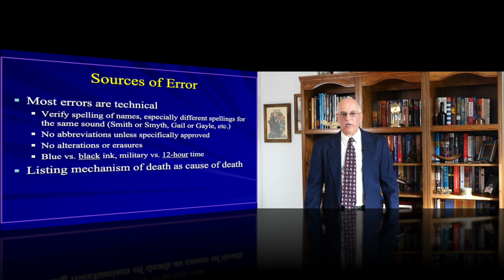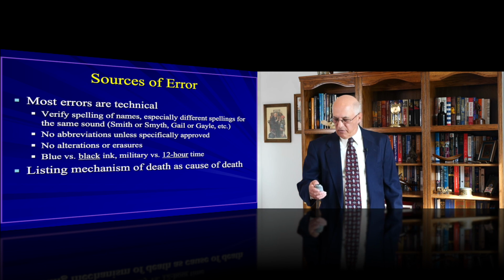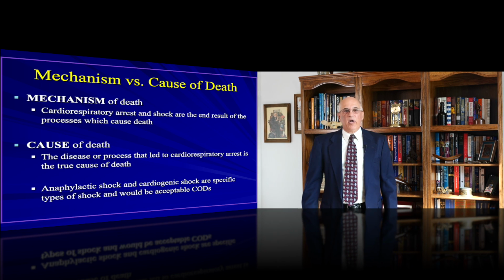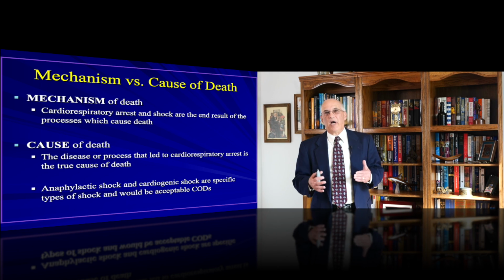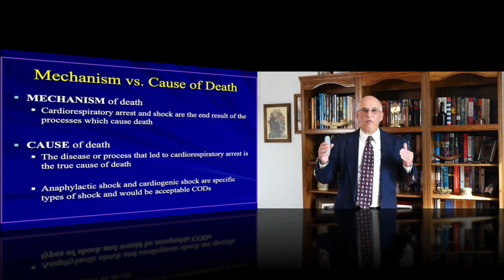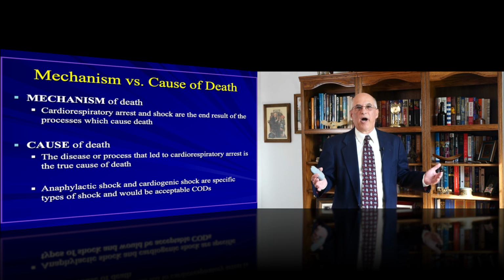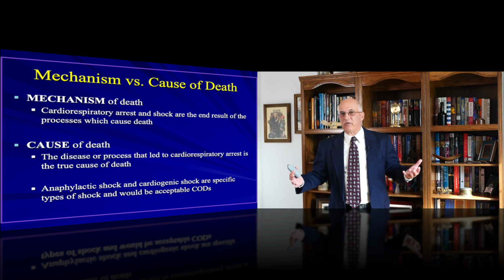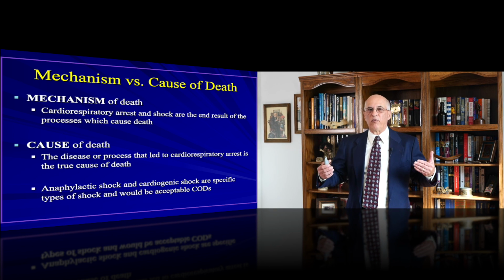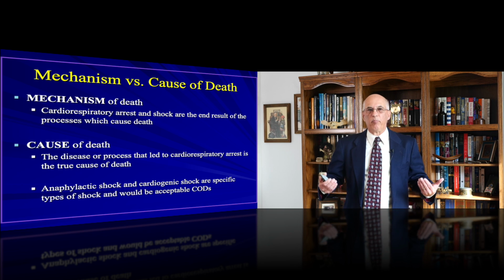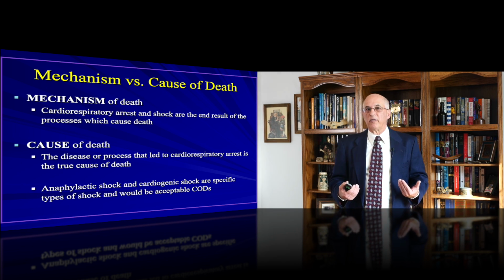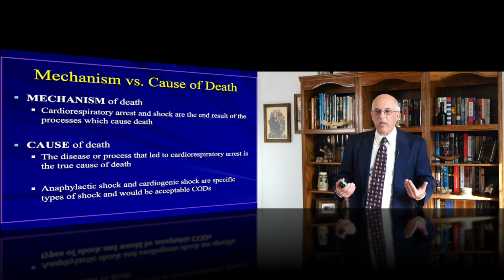Another source of error is listing the mechanism of death as the cause of death. Well, what do we mean by that? Well, when someone dies, before they die, they always go into shock, okay? Shock is basically just where your heart, for whatever reason, and there's a lot of different reasons, is not able to pump enough oxygenated blood around to keep the tissues and the organs functioning and alive.